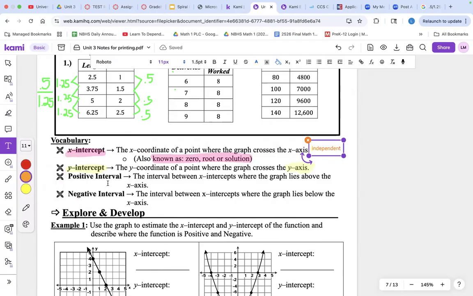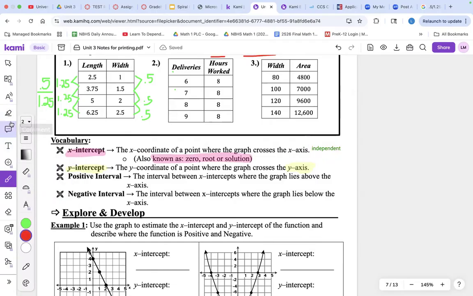So let's use green for positive. Positive interval, key. The key is the graph lies above.